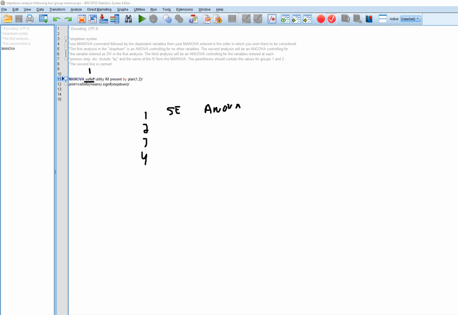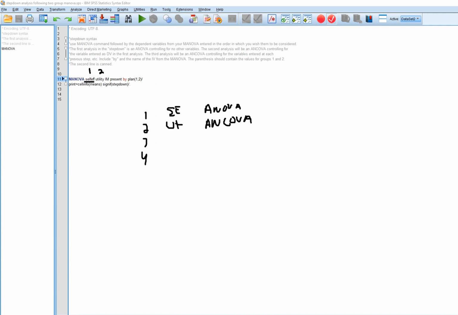Okay, so then at step 2, perceived utility will be added in as a dependent variable, but in this case it will be an ANCOVA, where essentially during step 2 you are controlling for the step 1 dependent variable, which is self-efficacy.